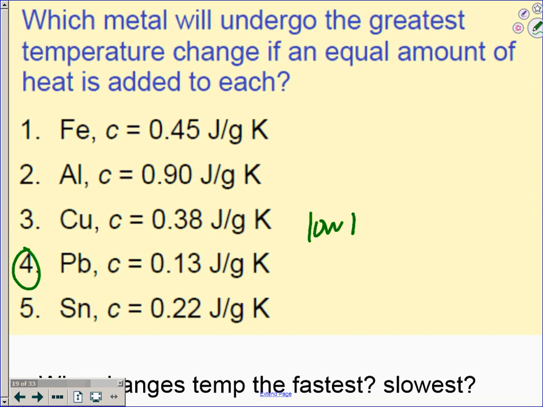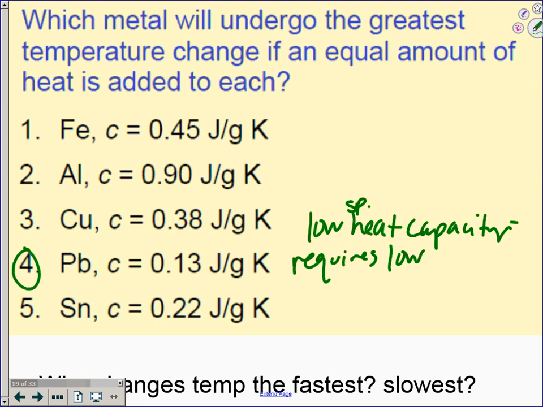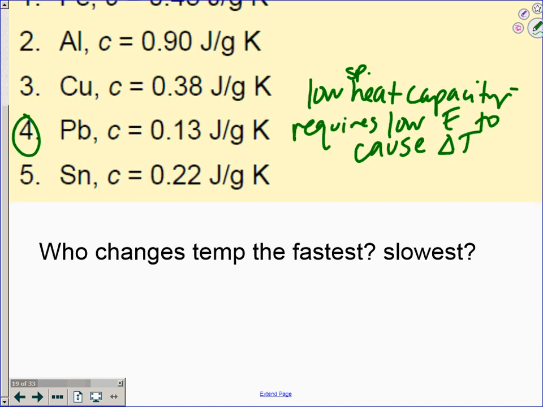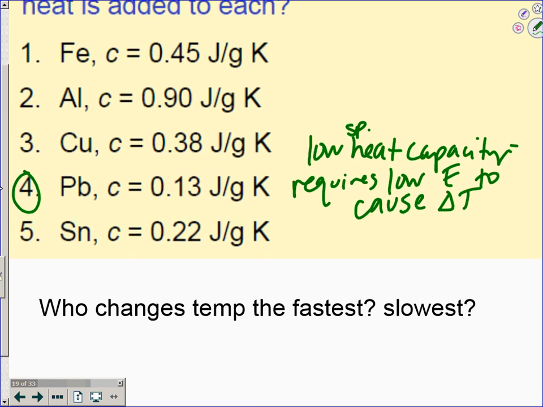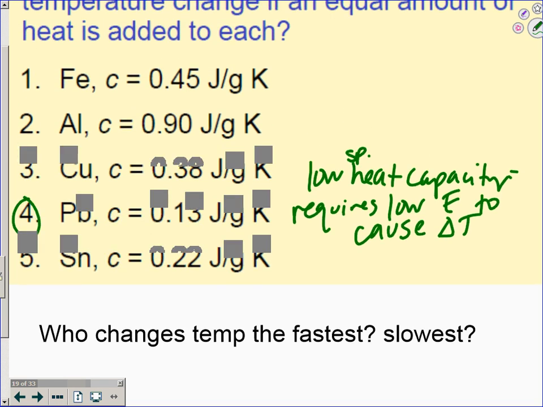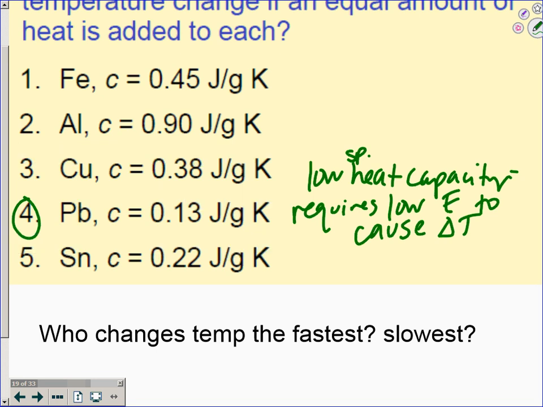So the lowest heat capacity or specific heat capacity means that it requires low energy to cause temperature change, right? It doesn't need as much energy to cause a rapid temperature rise. So which of these will rise in temperature the slowest? Since we know lead, which is going to be the lowest heat capacity, will rise in temperature the fastest. Say again? Aluminum will take in most energy, but it doesn't have as much of an increase in temperature for every joule it gains. Good.